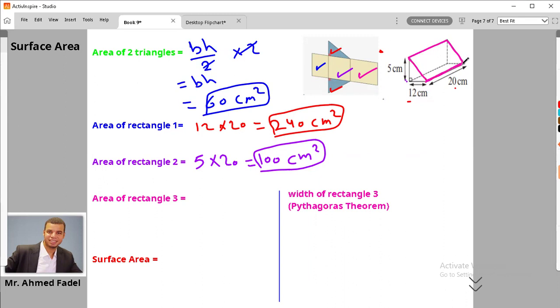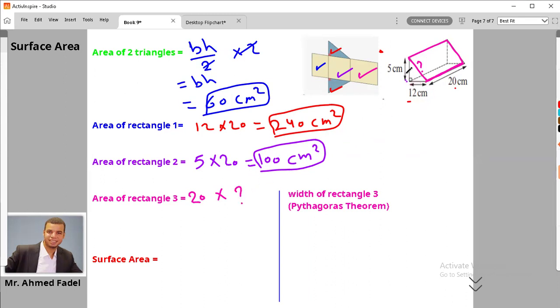Here is the third rectangle. The area of the third rectangle is 20 times, okay, I don't know this side. What is this side? How can I find it?